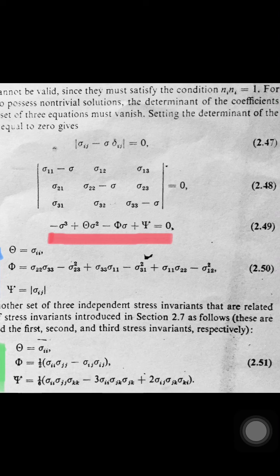Okay, so compare another set of independent stress invariants that are related to the set of stress invariants introduced in the earlier section.